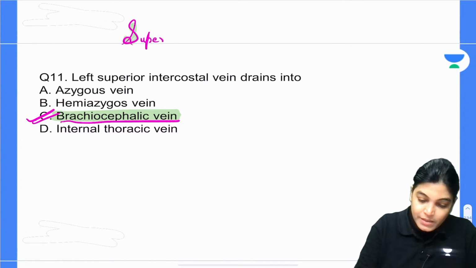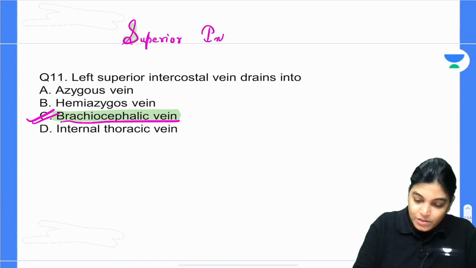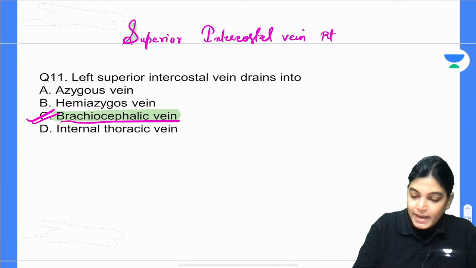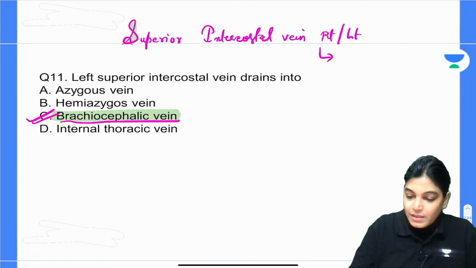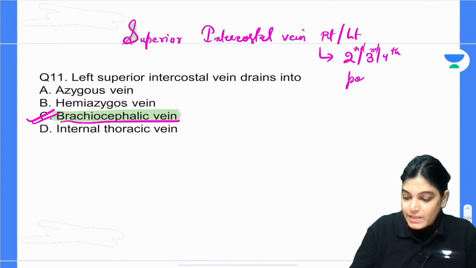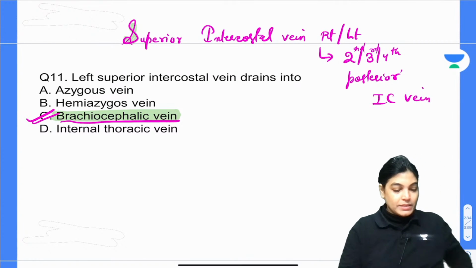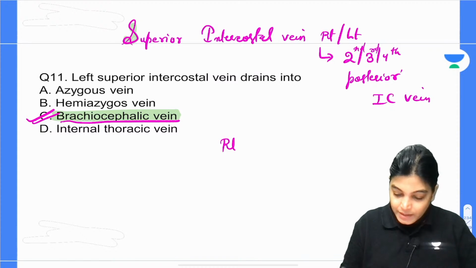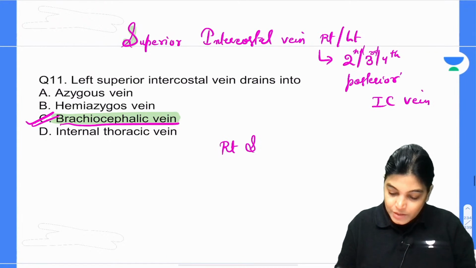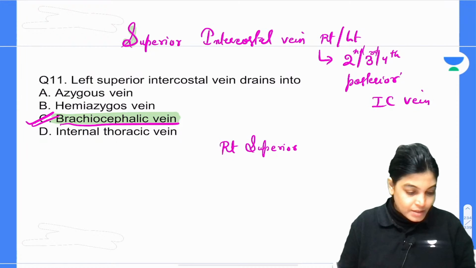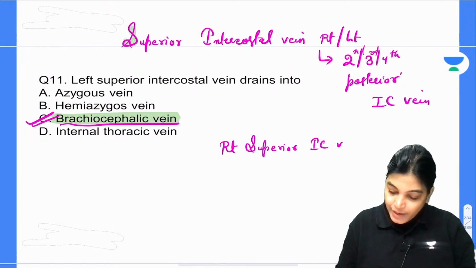The superior intercostal vein, on both the right and left hand side, is formed by joining the second, third and fourth posterior intercostal veins. In the right, the right superior intercostal vein drains into azygous vein.